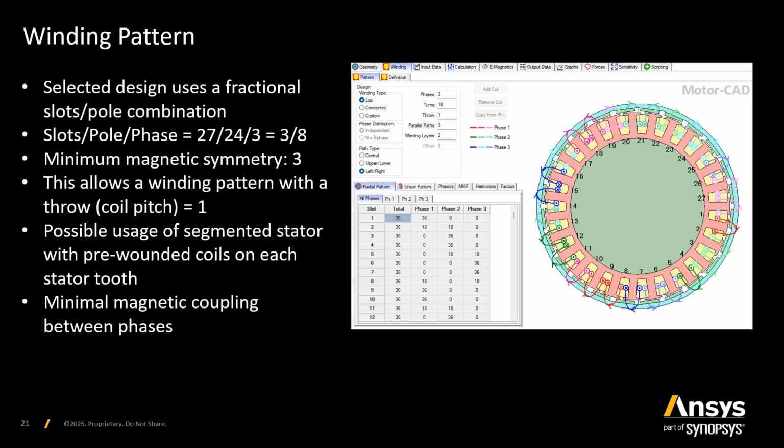So we have slots that will carry only phase 1, phase 2, or phase 3. There are some slots with coils coming from 2 phases, but typically we notice there will be minimal magnetic coupling between phases.